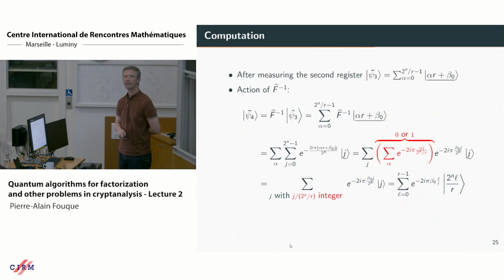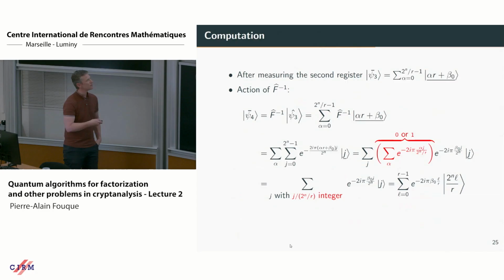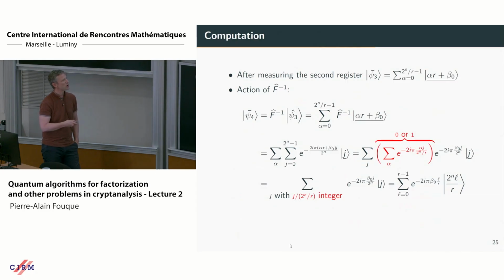And now I can observe the first register. I will get one of all of these terms, one of all of these integers, and from one of these integers, I will explain how we can recover the period r.